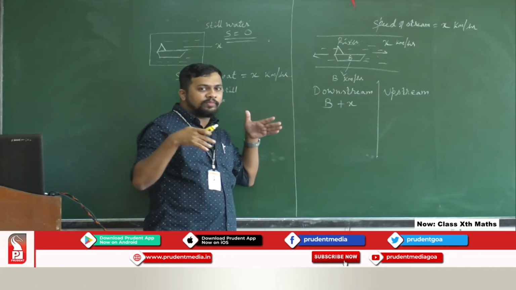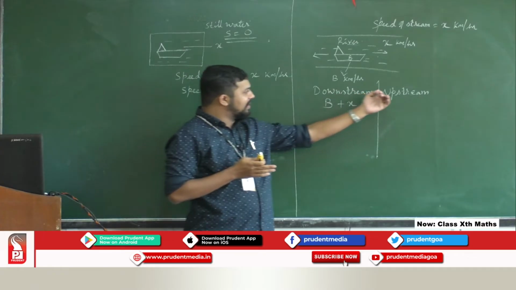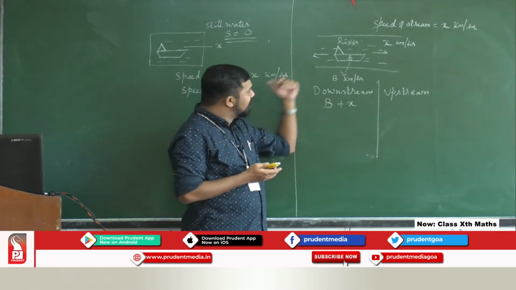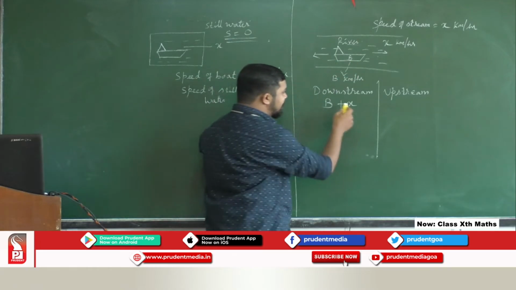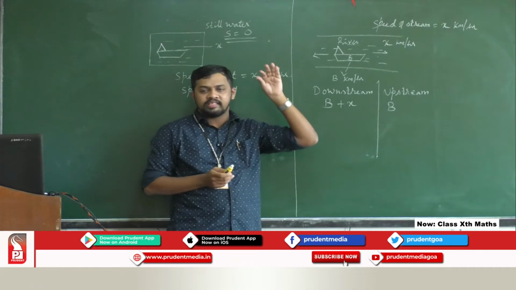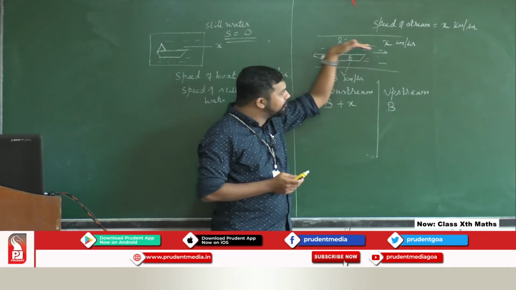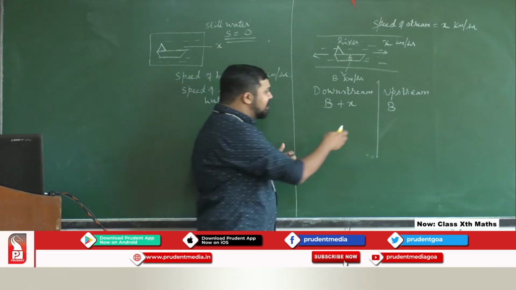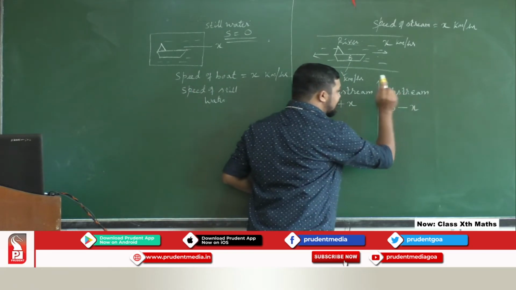In the first case, both were moving together, but in the second case, you are moving against the flow of the river. The boat also has some speed, which I say is B. When you are moving, this water is moving in this direction, it will oppose, it will pull you down, it will come backward. So it will be minus x.